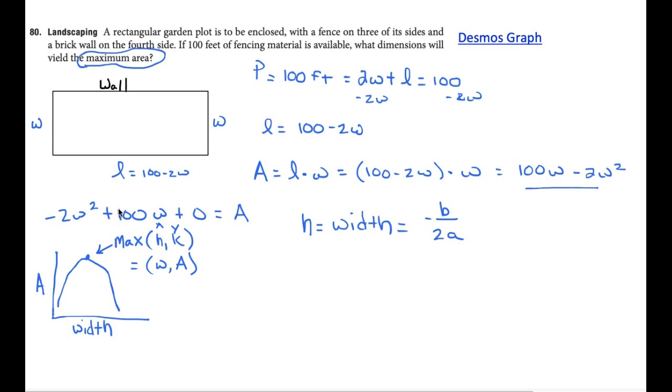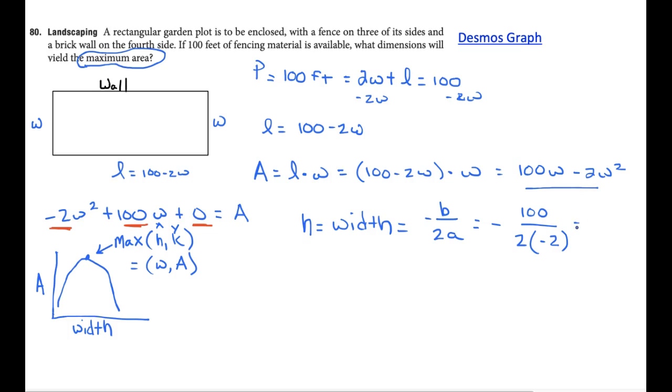In that case, we've got to go back and look at our quadratic. So this is a, this is b, and this is c. Okay, so we're going to use those for a, b, and c. So we get negative, and then b is 100 on top, and on the bottom, we get 2 times a, which is negative 2.